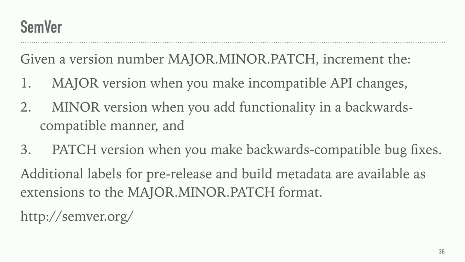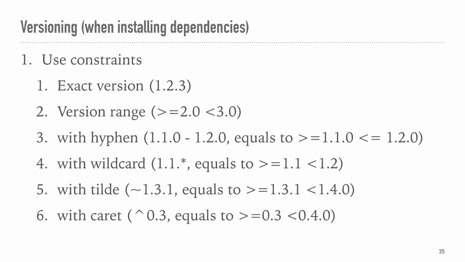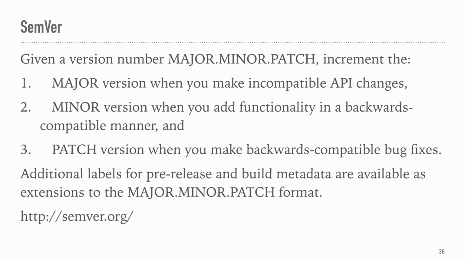So if you follow that convention, then you can have that constraint in Composer, as I was saying. Like, for example, with example number 6, when we provide the caret, it would go from greater or equal than that version, but not to the one that introduces any incompatible change. So that way you make sure that your project is always going to have the libraries that you need, but without breaking functionality.